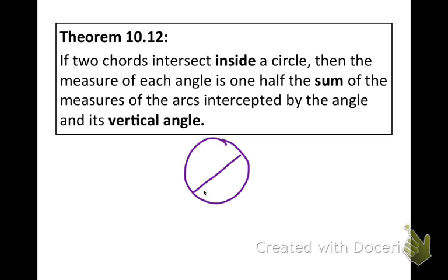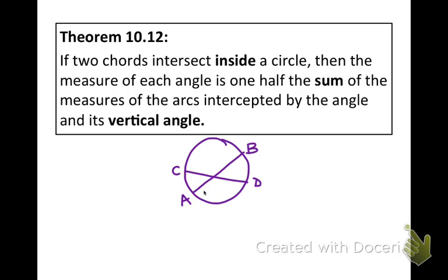Let's make it chord AB, and then intersect that with chord CD. I'm trying to make it so the vertex doesn't look like it's in the center of the circle. All right, so now I've got two chords intersecting inside.